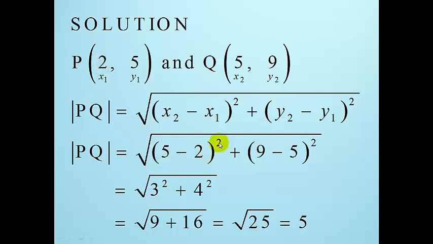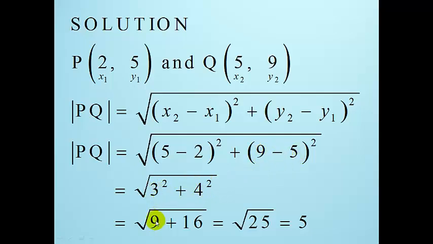So we have (5 minus 2) square plus (y2 minus y1) square. y2 is 9 and y1 is 5. So we have (9 minus 5) square. Now 5 minus 2 is 3. So we have 3 square plus 9 minus 5 is 4. So we have 4 square.